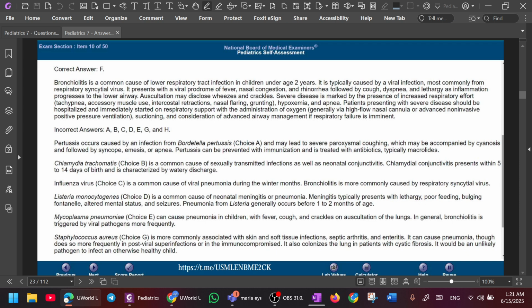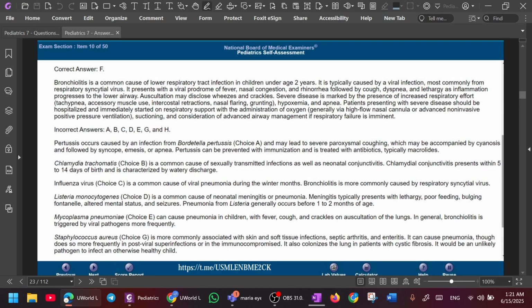Severe disease is marked by increased respiratory effort, which may include tachypnea, accessory muscle use, intercostal retraction, nasal flaring, grunting, hypoxemia, and apnea. Patients presenting with severe disease should be hospitalized and immediately started on respiratory support with administration of oxygen, suctioning, and consideration of advanced airway management if respiratory failure is imminent.